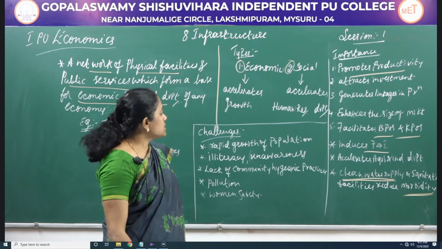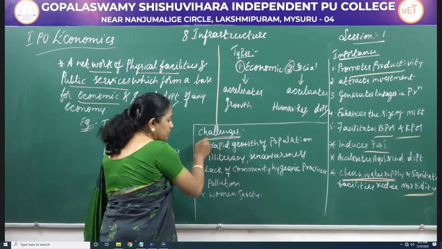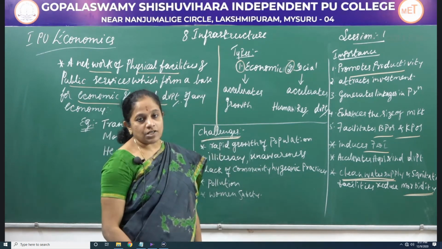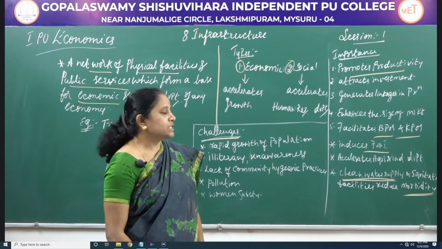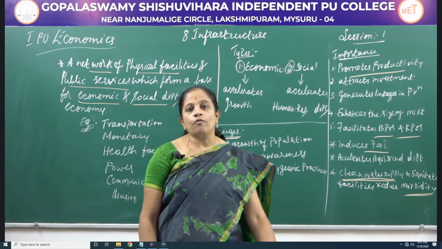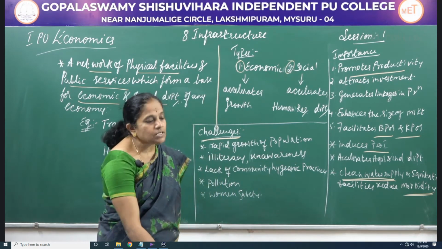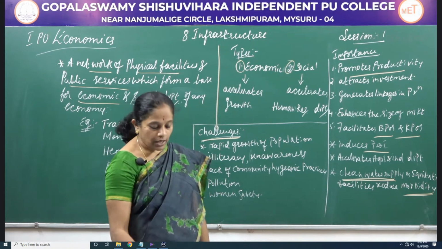So now let us see the challenges that the government of India is facing in bringing up the economy of our country with infrastructural facilities. The very first challenge is rapid growth of population. You all know that population is the biggest threat for the development of our economy.